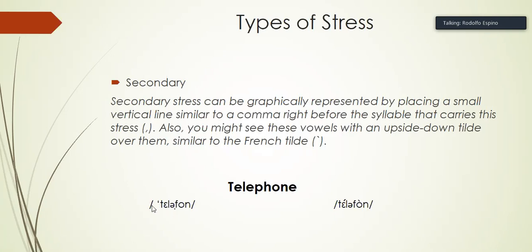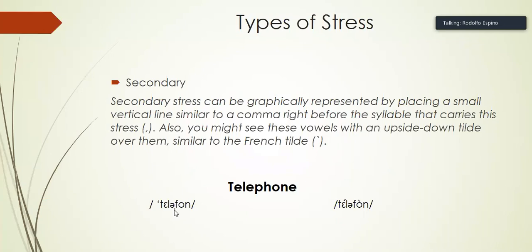In this case, there are two different ways to represent it. The first one, as I said before, is this apostrophe that goes right before the stressed syllable, which is te in this case. Telephone. The second syllable is totally reduced, which means it's unstressed.